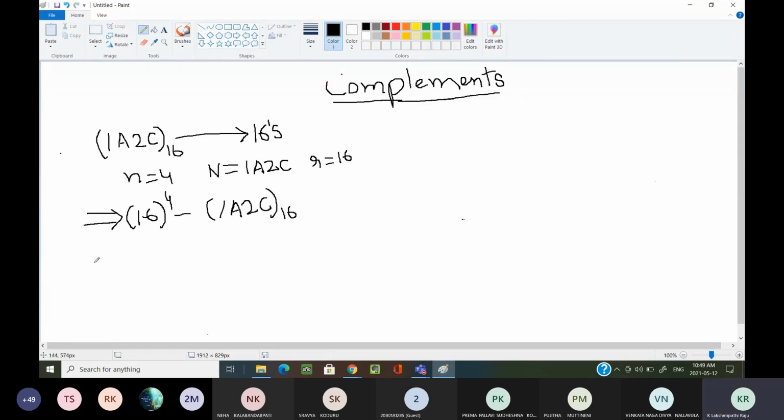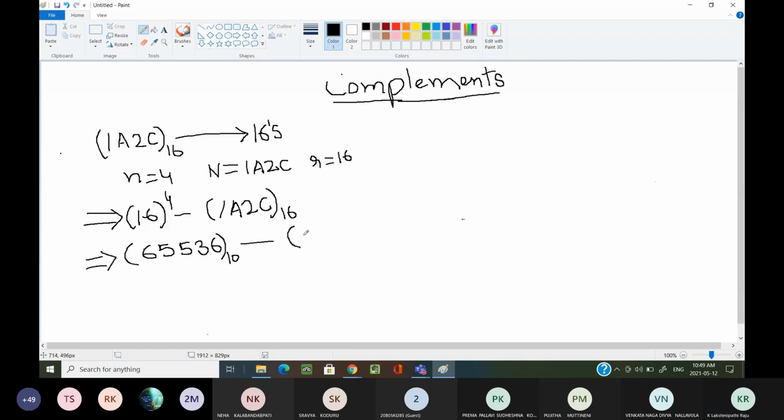Now, what is the result we are getting here? 65536 of base 10.